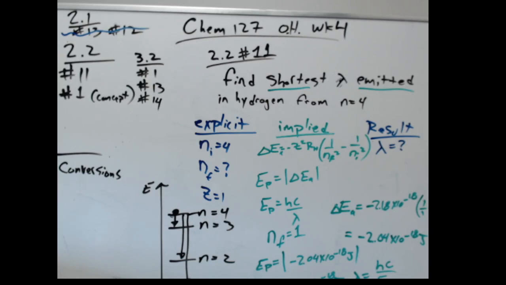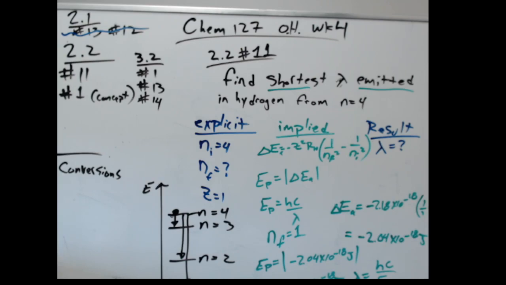So notice the tricky part of this problem was not the algebra. It wasn't just plugging the numbers. It was realizing that shortest emitted told us the n final. Without that realization, that importance of the vocabulary, which is part of why I stress studying the vocabulary. And notice, studying the word shortest wouldn't have gotten you there.